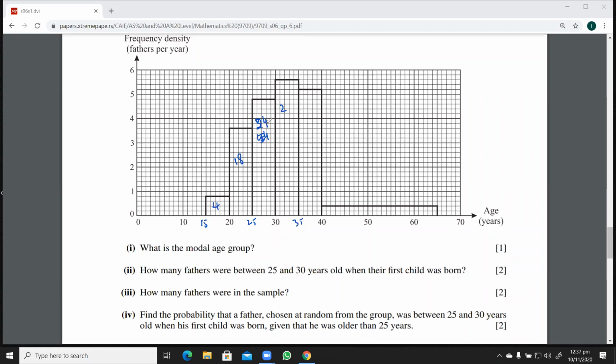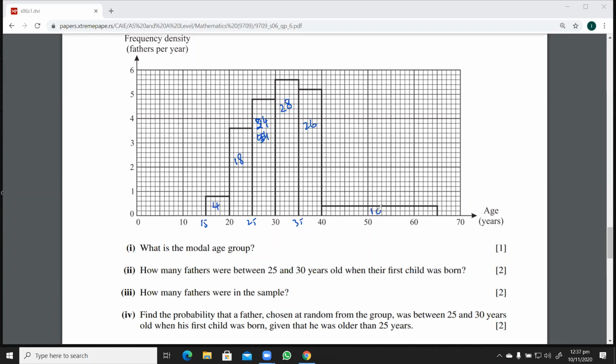Oh, yes, this is 24. My mental maths is getting really mad. Okay, this is 5 times 5.6. So 25 and 3 is 28. This one is 28. This is 5 times 5.2. That is 26. And this is going to be 10, 20, 25 times 0.4.